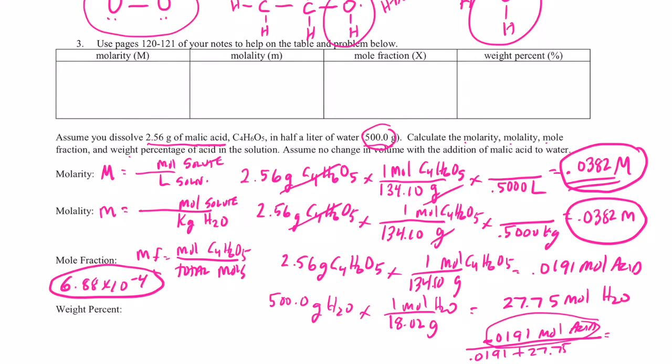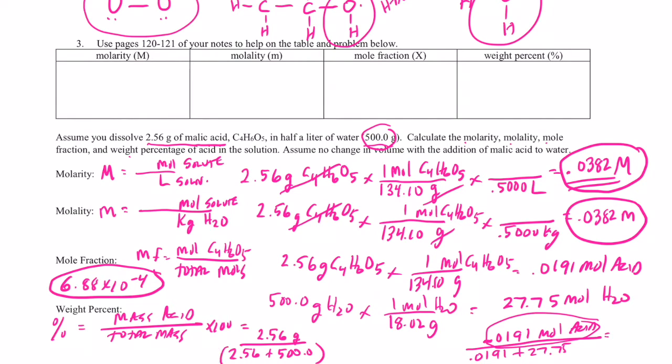And then finally weight percent. So weight percent would be the mass of the acid in grams divided by the total mass. And then we're going to multiply that by 100 to make it a percentage, kiddos. So let's see. The mass of my acid, remember, is 2.56 grams divided by my total, which is 2.56 and 500.0 grams times 100.